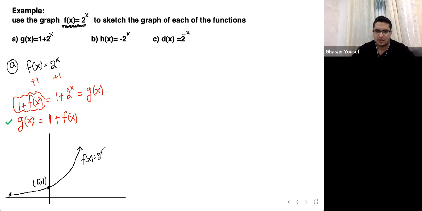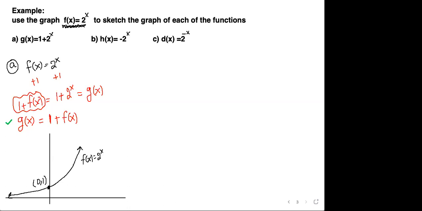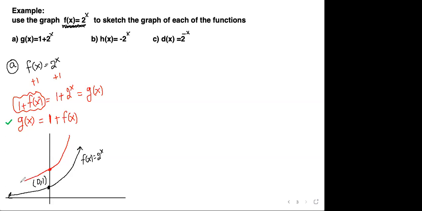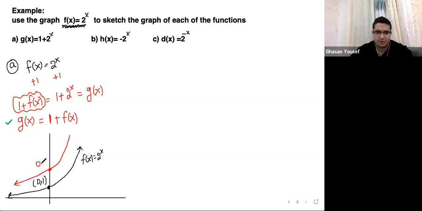Because I am adding 1, and the 1 is outside the parentheses of the function f of x, I have to shift all this black curve 1 unit up. So 1 unit up, it will be here. The point 0, 1 will be 0 what? 0, 2. Correct. So this point is 0, comma 2.